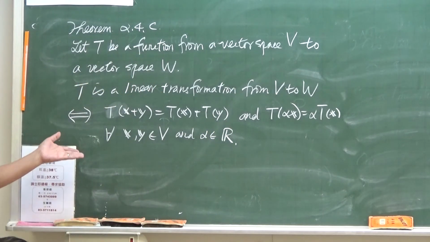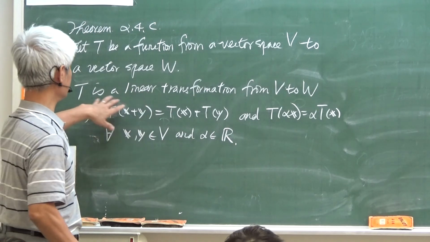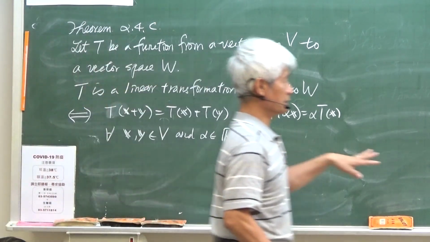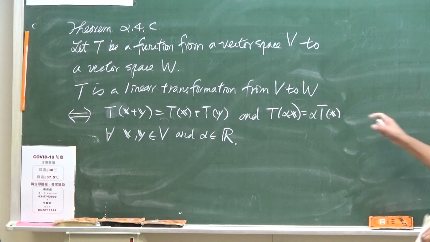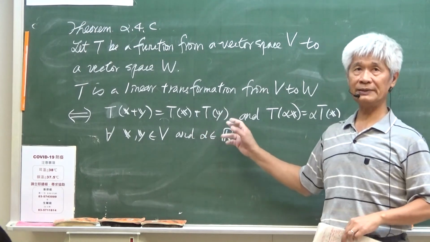So I split the checking of whether T is a linear transformation, because it's a little bit complicated to check all the linear combinations like this one. I just take two things which are much simpler.